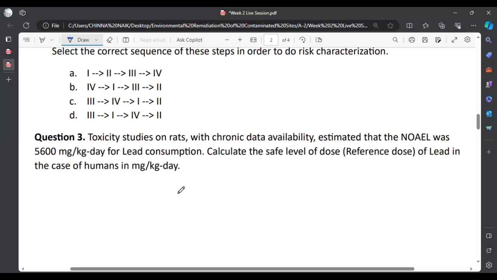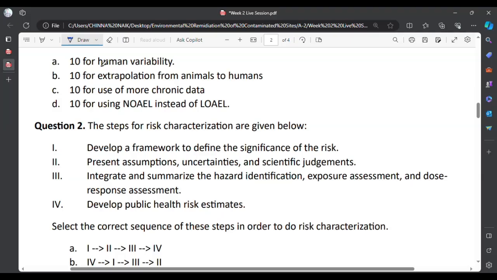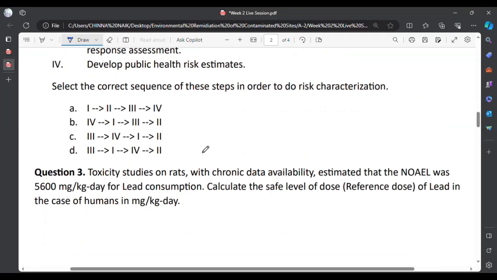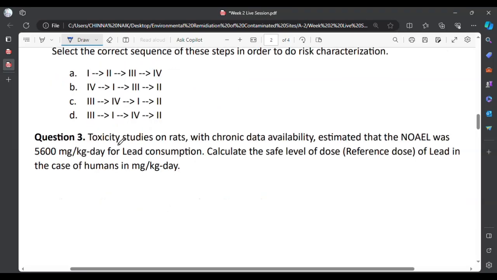Then we have to consider the uncertainty factor. Read the question carefully so that we get some idea what uncertainty factors to consider. We already discussed four uncertainty factors in question 1. How many do we have to consider? You have to identify by reading the question carefully. Here we are talking about human beings, so for human variability we consider 10.